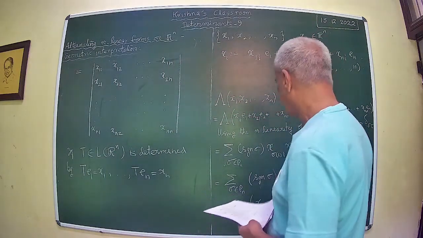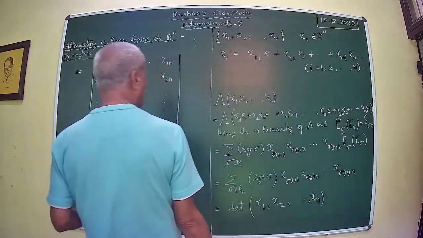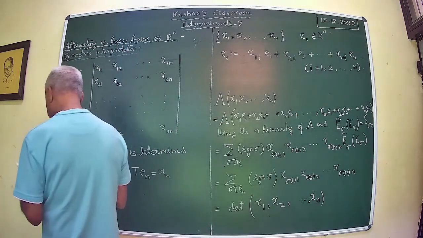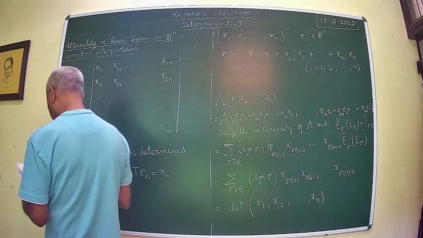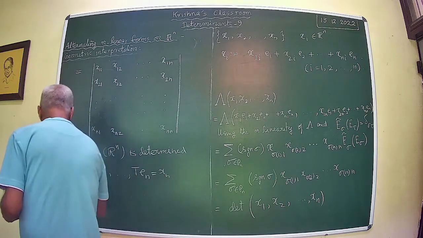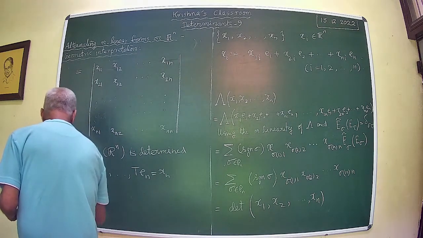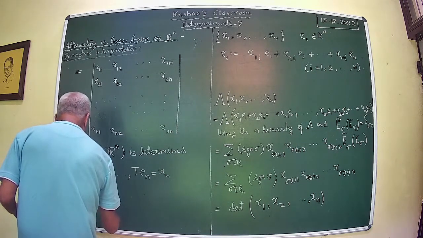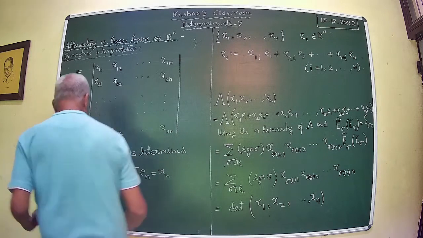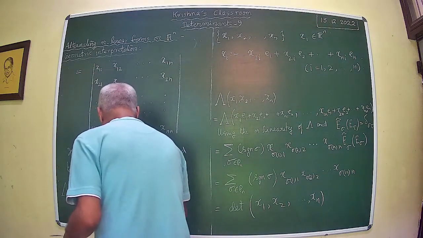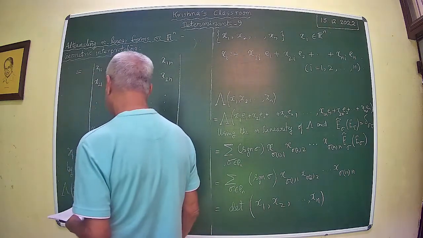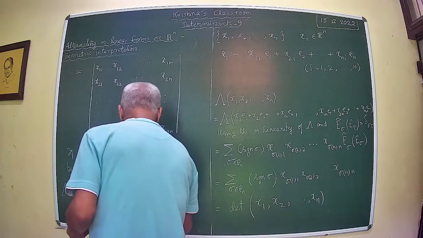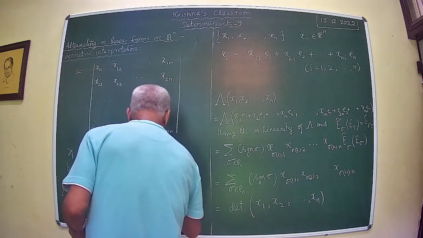Then you see that lambda of x1, x2, etc., xn is essentially lambda of T e1, T e2, ..., T en.